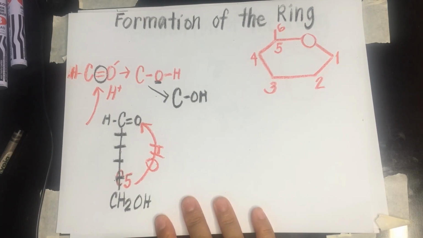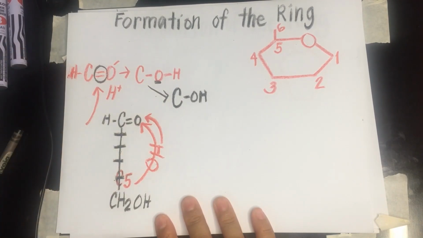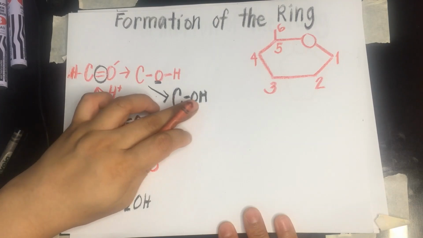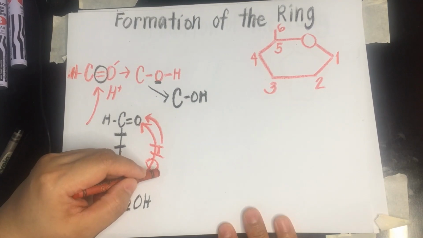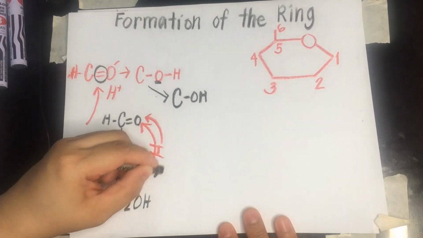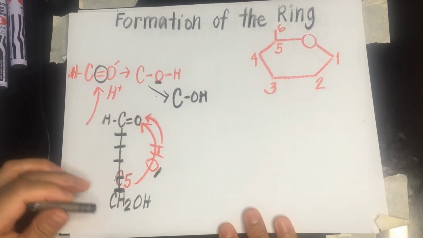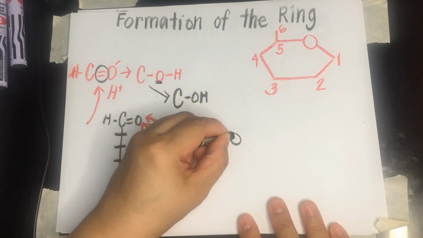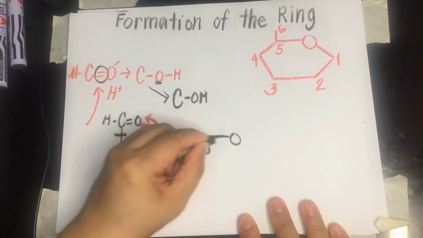What happens now is that the hydrogen will bond with oxygen. As a result, it is going to form COH. Next, what happens with our carbon and oxygen? They are now going to form a ring. So, let us write again the structure. This is now our carbon number 5.